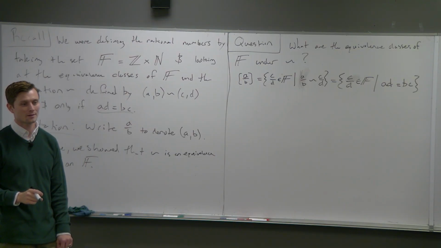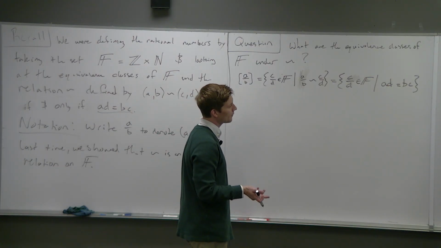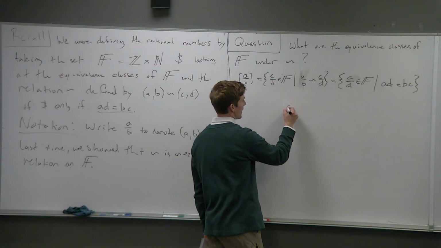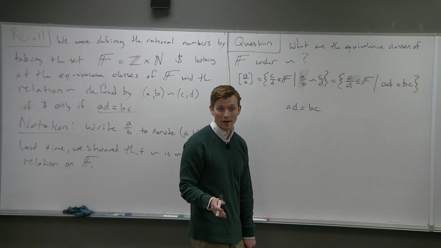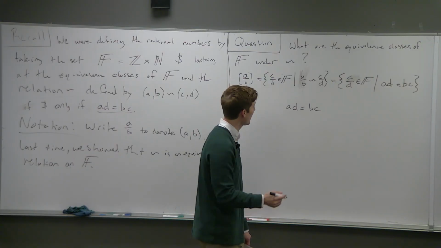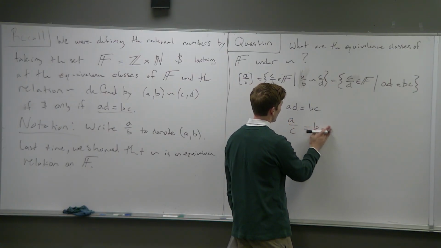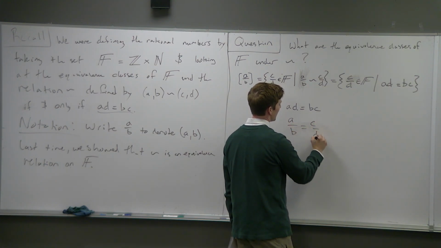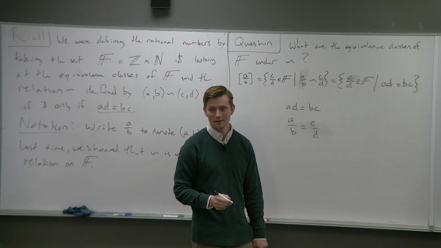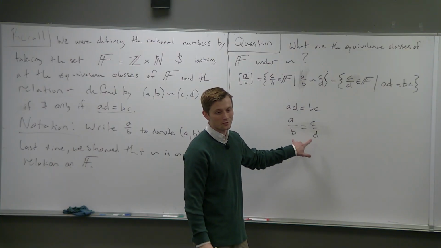Yeah? Okay. So, if AD equals BC, then regular old algebra says that what this is capturing is that A over B equals C over D, right? But it's just a way to express that without having to appeal to fractions.